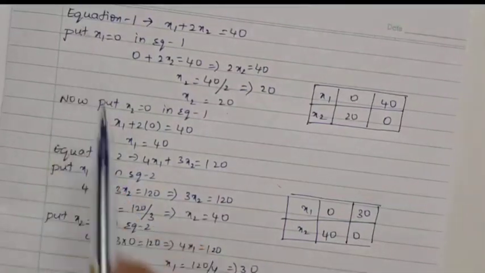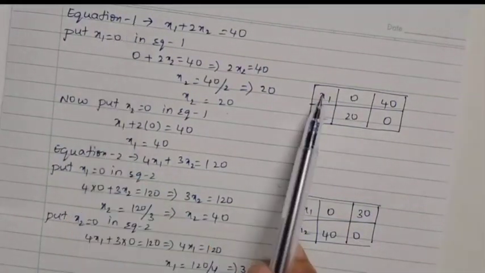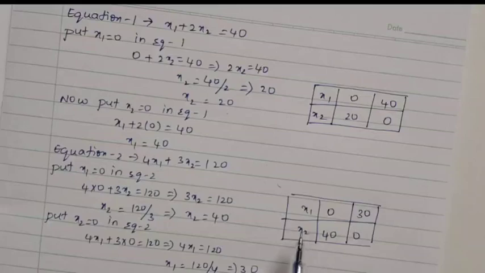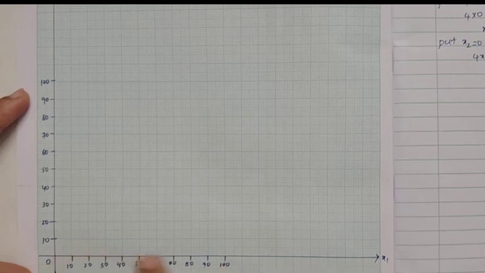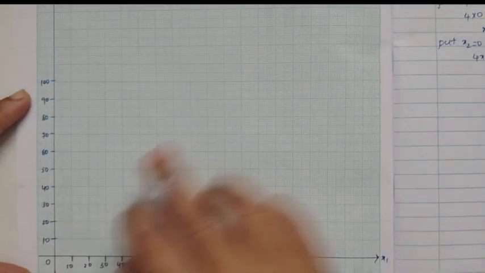Using these two equations as lines in x1 and x2, we will draw a graph using these coordinates. This is our graph. On the x-axis I took the x1 variable, and on the y-axis I took the x2 variable.